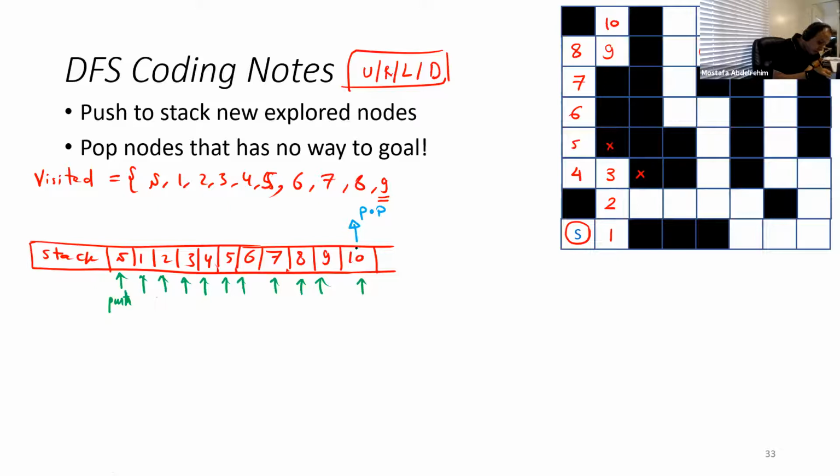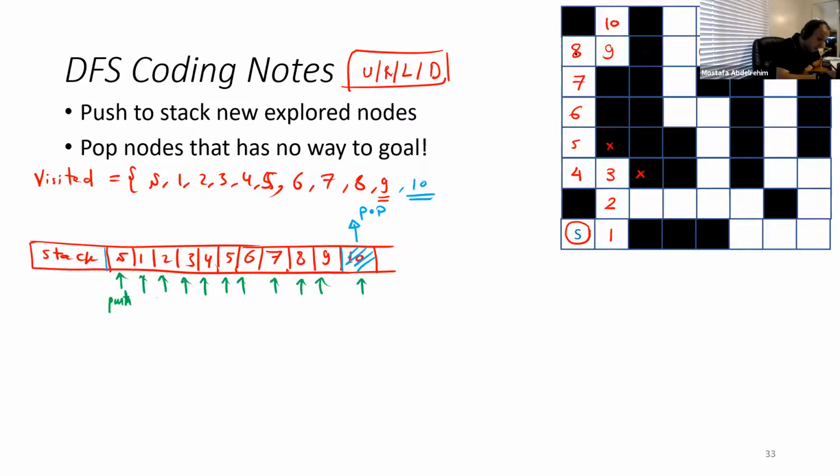Okay, if we pop 10 from the stack, we end up with a stack like this, from the beginning until 9. So this is now the head of the stack. Now in 9, can we go up? No, because we visited 10. Can we go left?